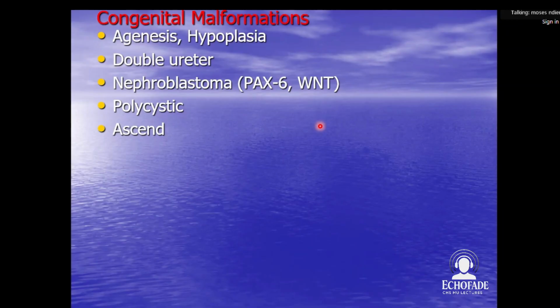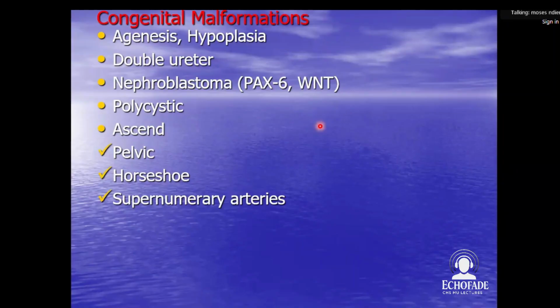Therefore, as it tries to ascend into the lumbar region, its ascent will be arrested by the inferior mesenteric artery. And therefore, the kidney could be pelvic. So we call that ectopic.